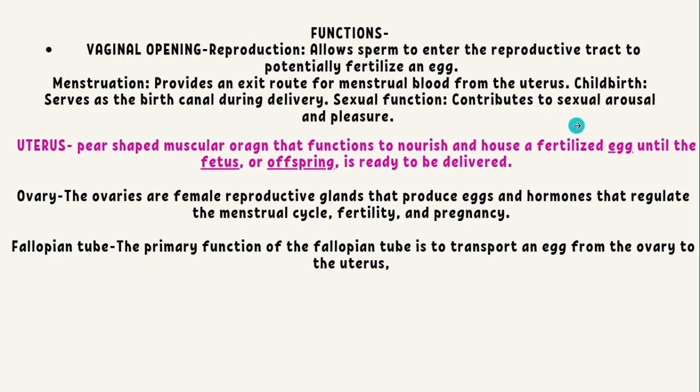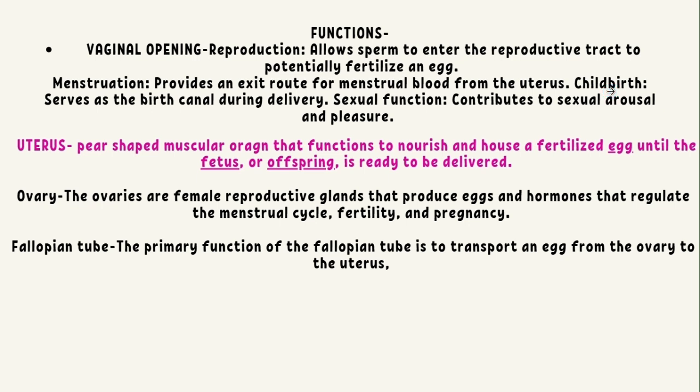So anyways, let's go over the functions then. The first one is the vaginal opening. It allows sperm to enter the reproductive tract to potentially fertilize an egg for reproduction. Also menstruation: it provides an exit route for the menstrual blood from the uterus.